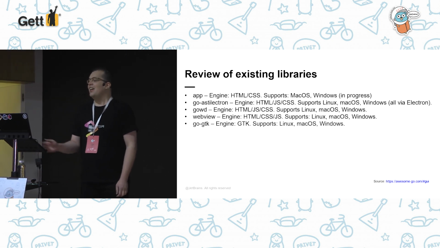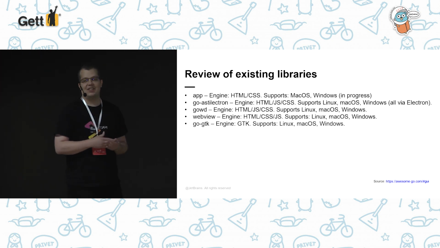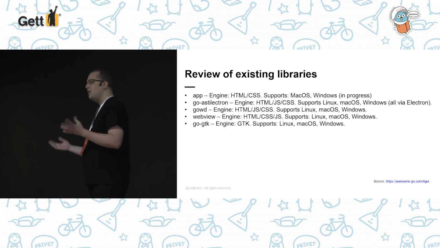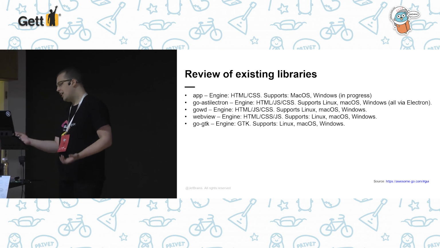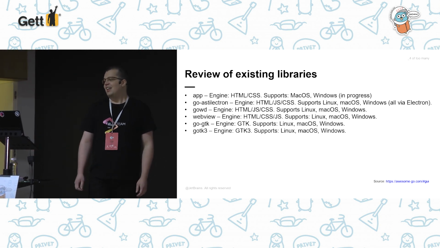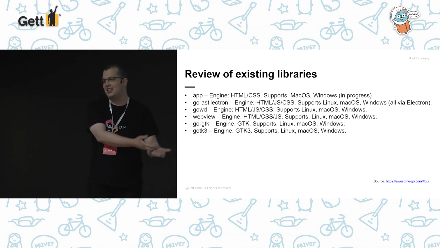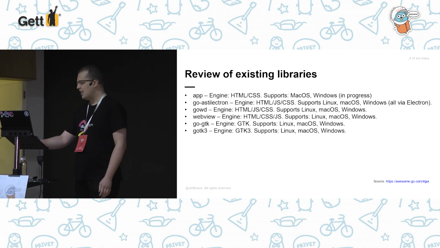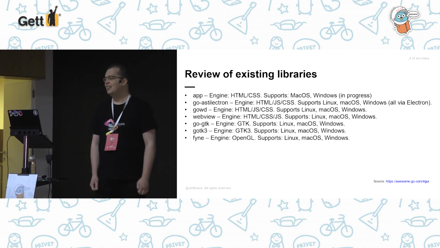People don't really want to build native stuff. Then we go a bit more towards things like GTK support, which starts to be a bit better. GTK is not really nice on Windows, but okay, I can live with that. There's the Go GTK 3 package, which works with GTK 3, right? Again, not something that I particularly like, but oh well.